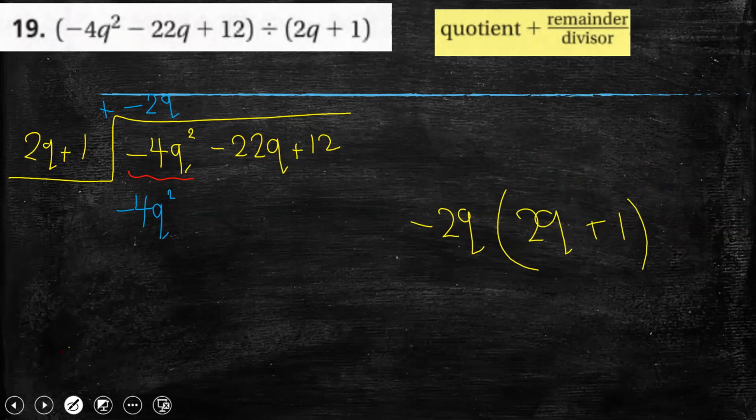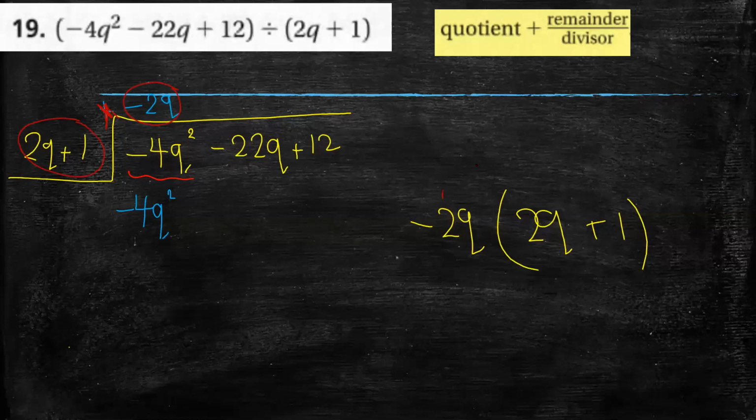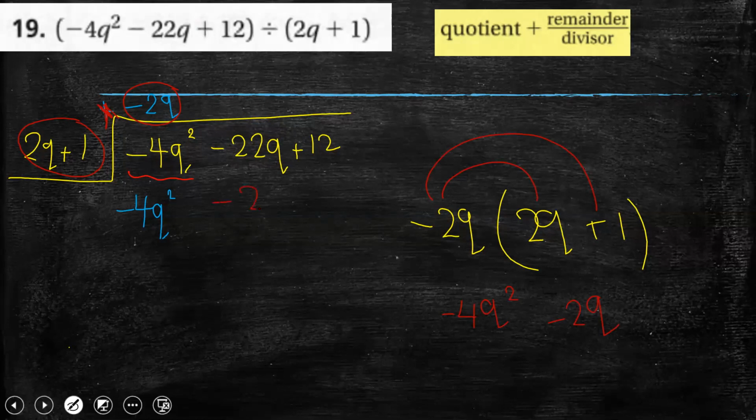Negative 2q times 2q is negative 4q squared, and negative 2q times 1 is negative 2q. Let's write the answer now here: negative 4q squared minus 2q.